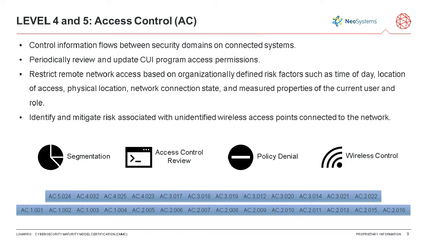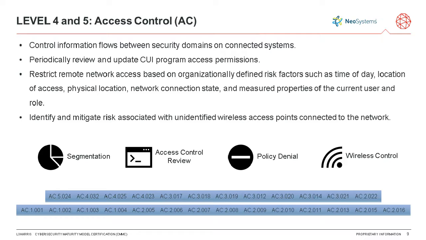On the bottom of each of these pages, you'll see all these numbers, right? AC 5.024, spanning all the way down to AC 2.016. And what we're really doing is just referencing every one of the practices that is in play for access control. But again, it's a big list. There's a lot to do. But within levels 4 and 5, what we're really talking about are 4 major issues here.